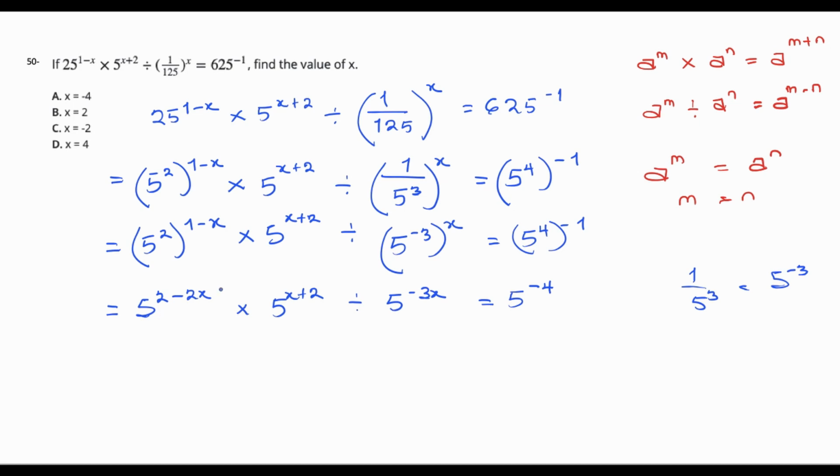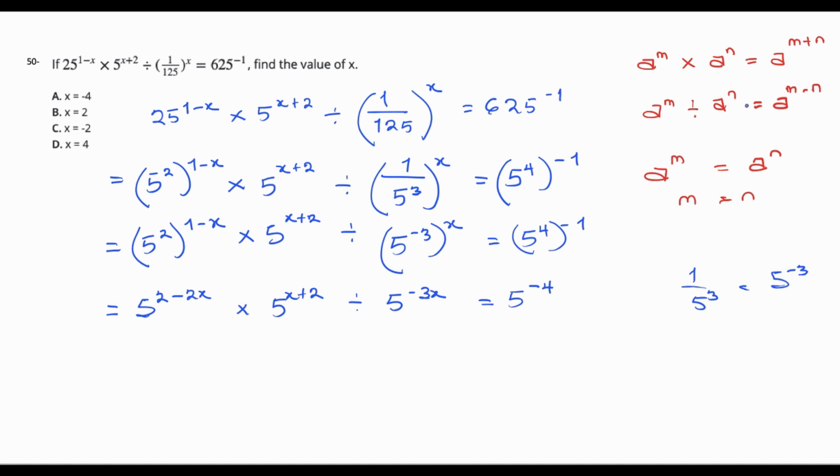So now we can go ahead and apply our laws of indices. So first we have this multiplied by this. Now don't forget, if a raised to the power m multiplied by a raised to the power n, then this is equal to a raised to the power m plus n. So then we can add up these indices right here. But there's also a division sign here.